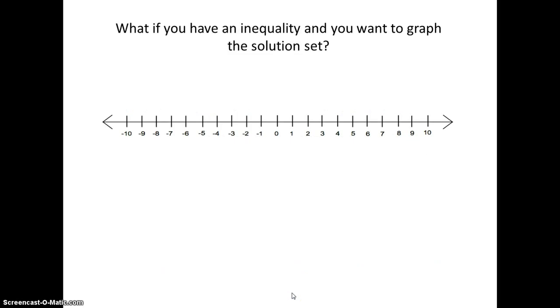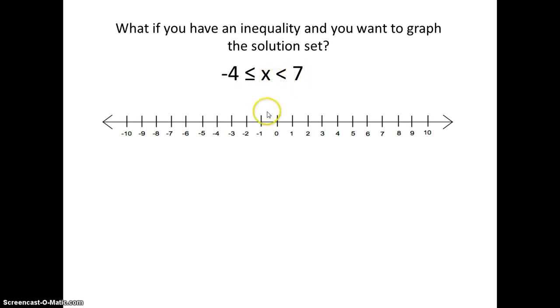What if you have an inequality and you want to graph the solution set? For instance, -4 is less than or equal to x, and x is less than 7. We begin by taking the two significant numbers that x is being compared to, and we look at the sign to see if it is equal to this -4 or not. In this case, x is not equal to 7.